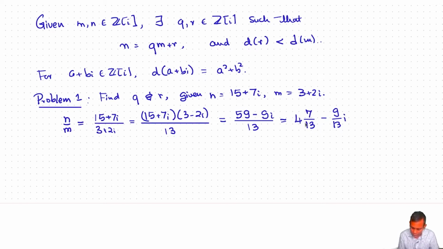So the nearest integer to 4 and 7/13 is 5. So take q to be 5, and the nearest integer to minus 9 by 13 is minus 1.